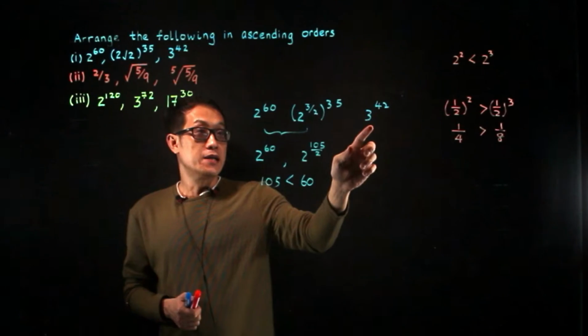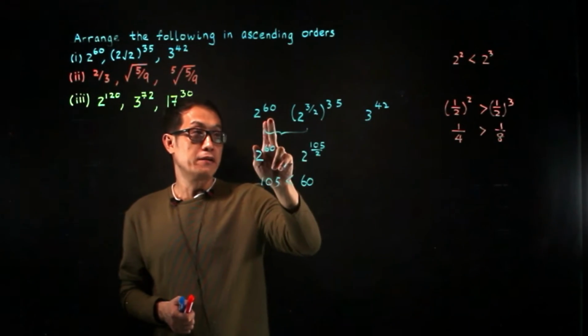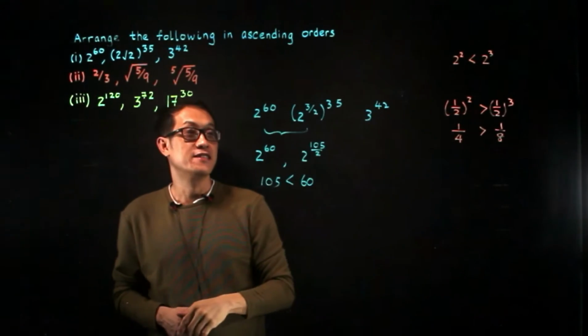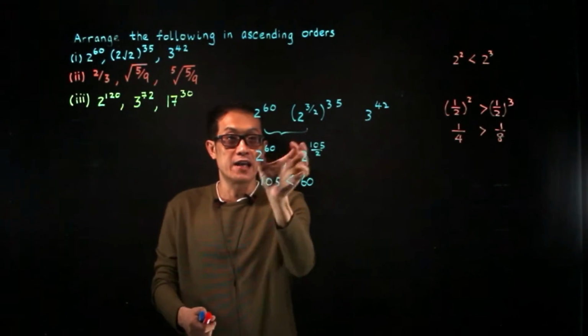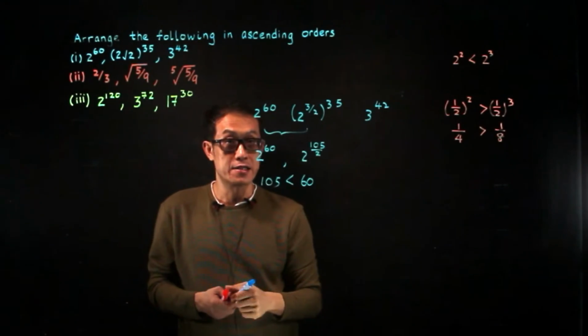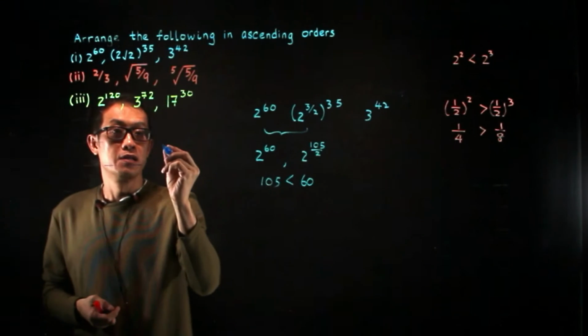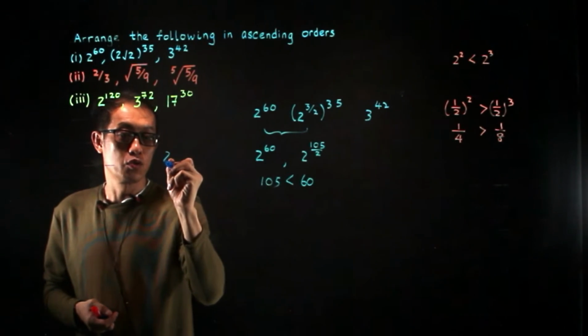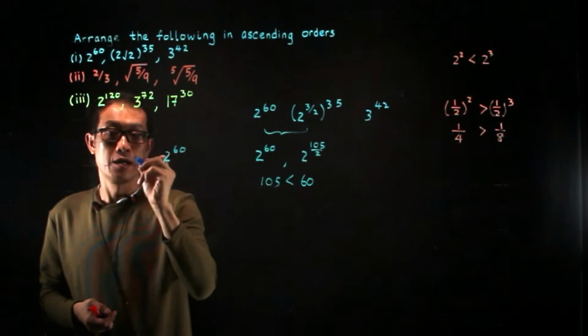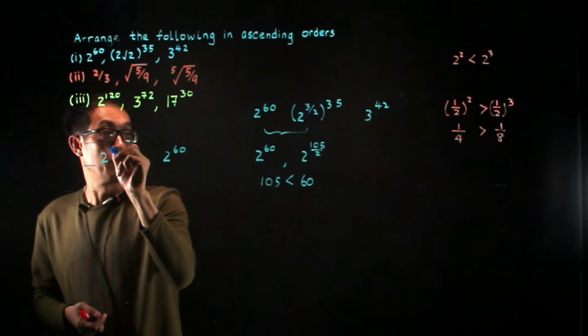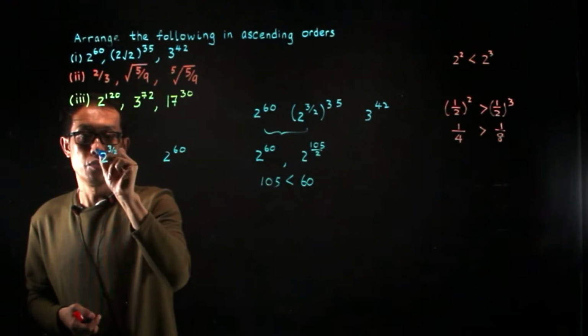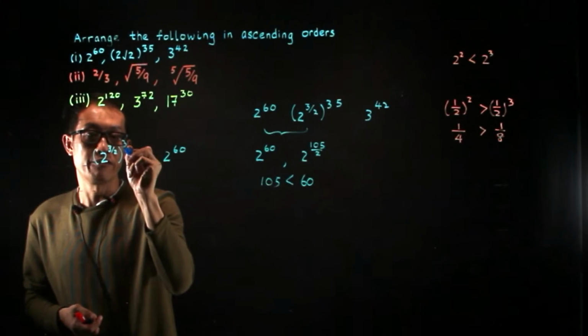Now let's compare this with, maybe I compare with this because I don't like fractions. Okay, but before that, let's write them down in ascending order first. So you have 2 to the power of 60 and you have 2 to the power of 3 over 2, to the power of 35.